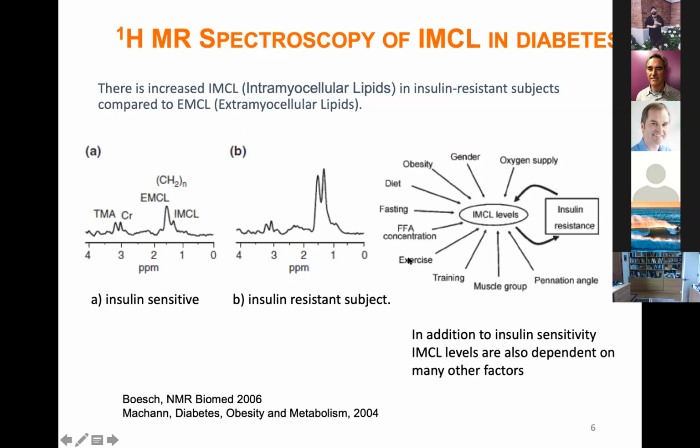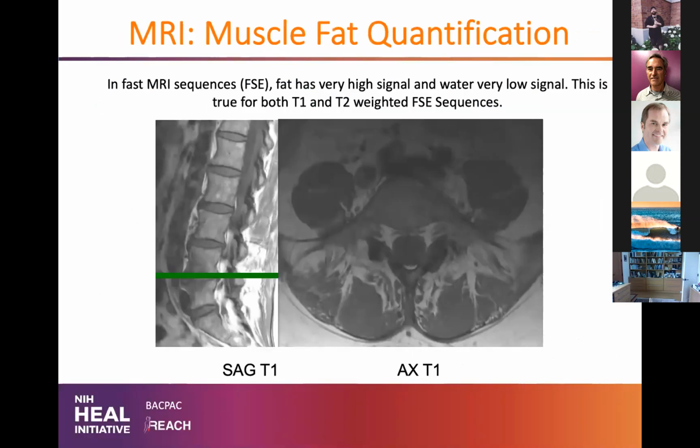And of course, in addition to insulin sensitivity, IMCL levels are also dependent on many other factors like gender, obesity, diet, exercise, and so on. So I just wanted to give you some overview in terms of spectra, what you can see and how important some of these peaks are.